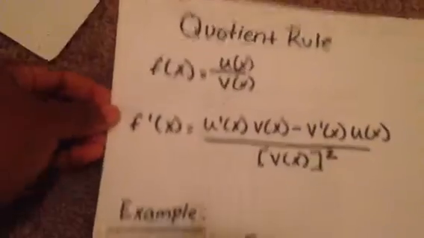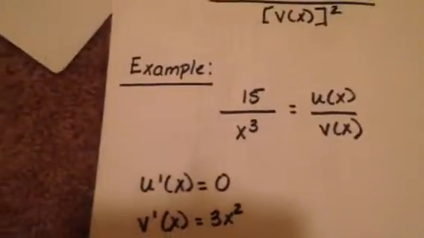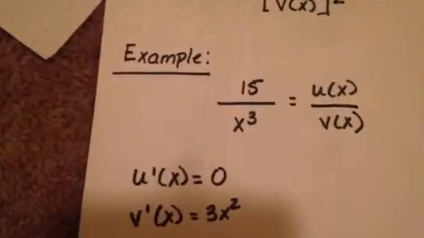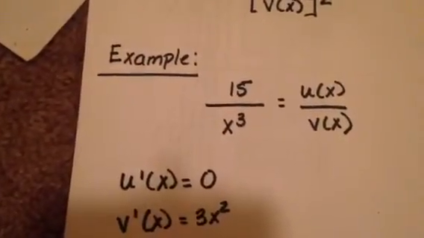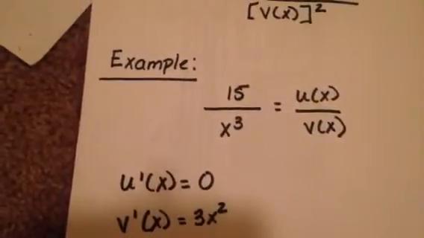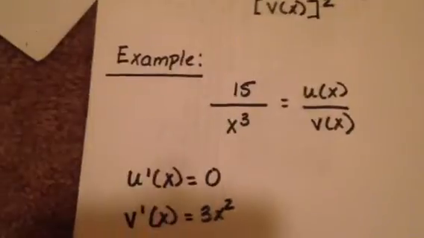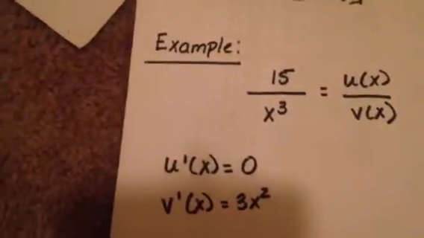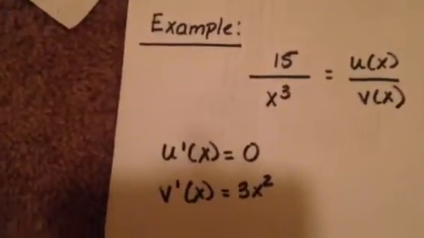So being that we know our function and how our structure is supposed to look, now we have our example. Our example is 15 over x cubed. Our 15 in the numerator is u, and our x cubed in the denominator is v. Then we go on to find the derivative of the denominator and numerator.